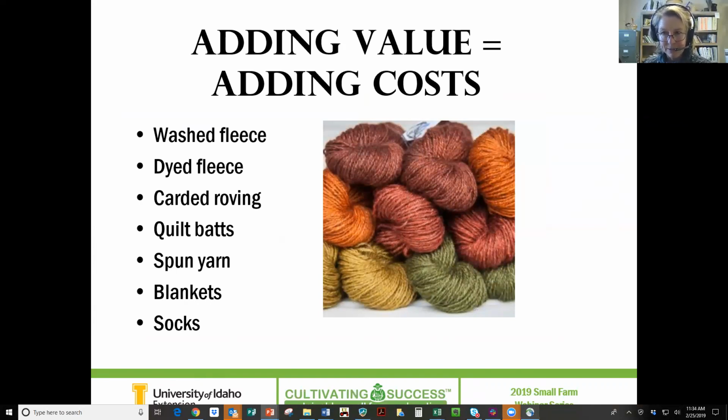Hardly anything paid as well as, in fact, I think I could say nothing paid as well as selling raw fleece that was good quality, high quality hand spinning fleece. And that market is not that large.